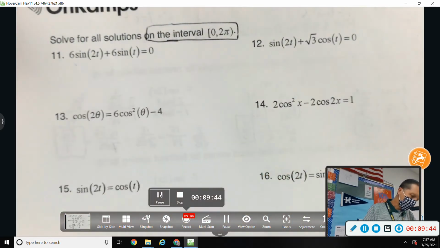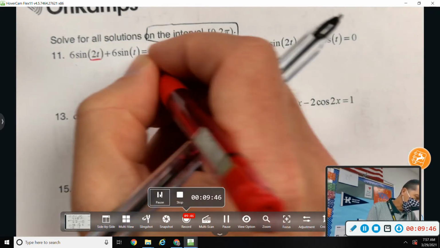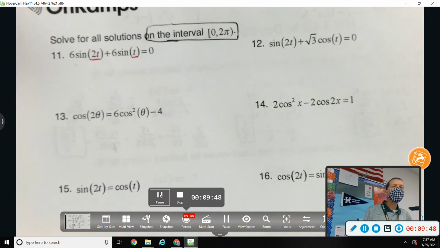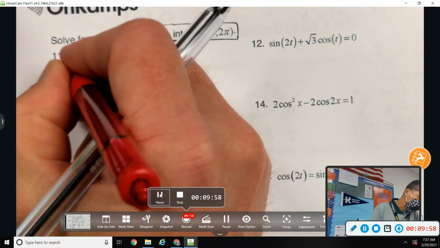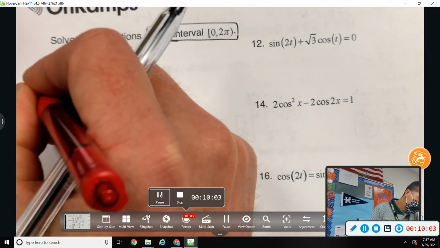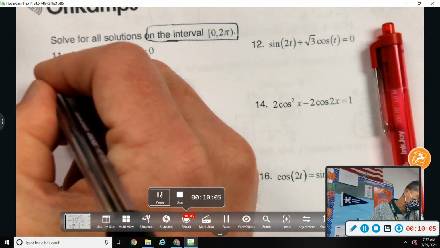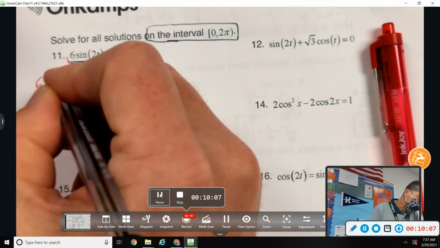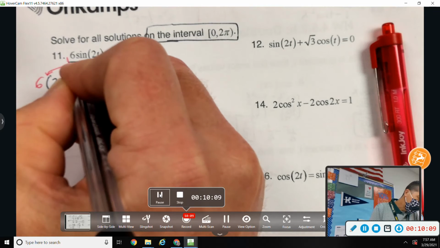All right, 6 sine 2t plus 6 sine t. Well, I can't combine those and say that that's 6 sine of 3t. It doesn't work that way. But I do have an expression for sine of 2t. The 6 is still out there. The sine of 2t is 2 sine t cosine t.